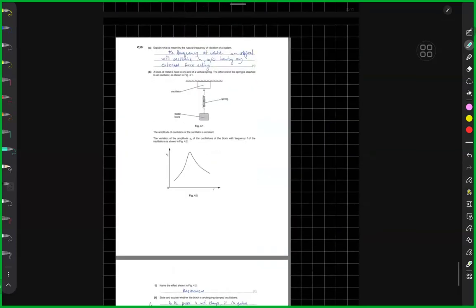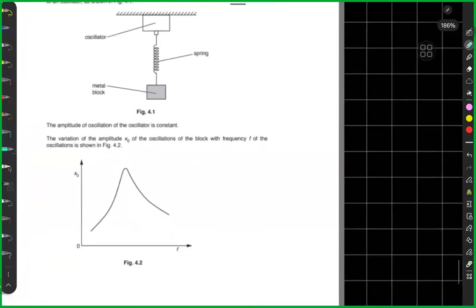The last thing I want to show to you is over here in this question, they asked you: is there damping in this system? And your answer is yes, there is. Why? Can any of you tell me? Why do you think damping exists in this case?